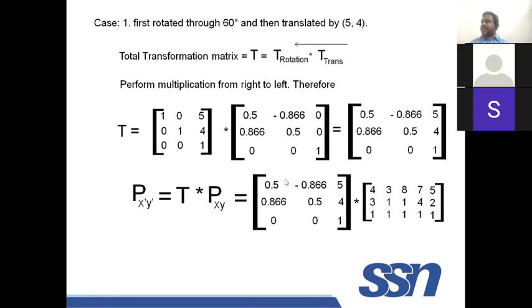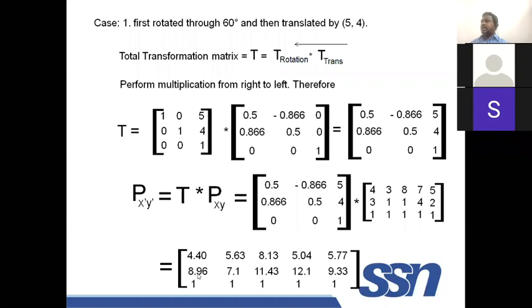Multiply this matrix with this and you will get the solution. I hope you are all familiar with matrix multiplication. You can use your calculator, which will do the multiplication without any mistake.